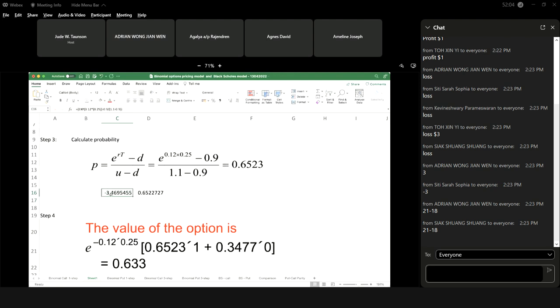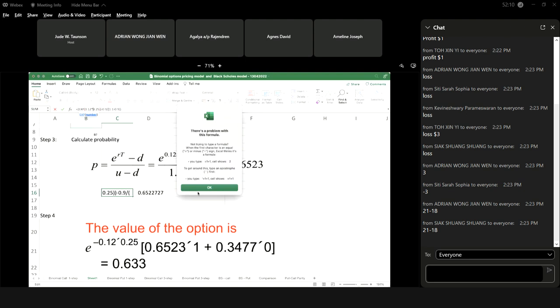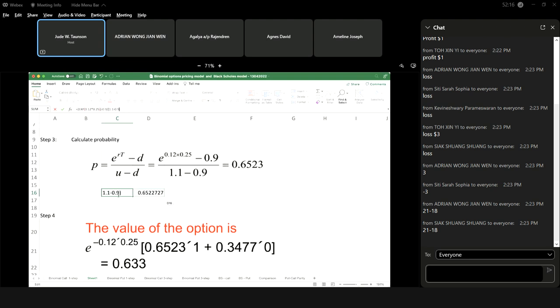Okay, never mind. You just check the formula again. Basically, this is the formula.